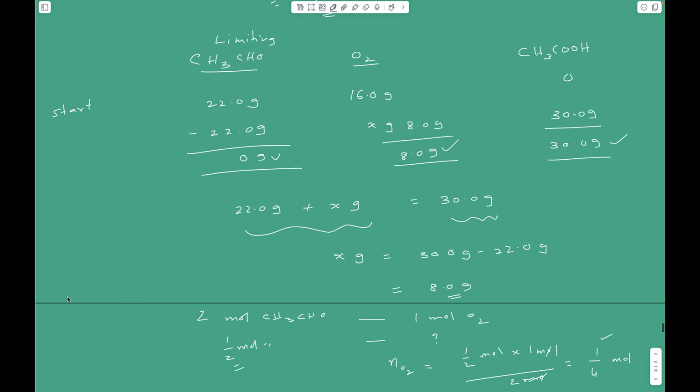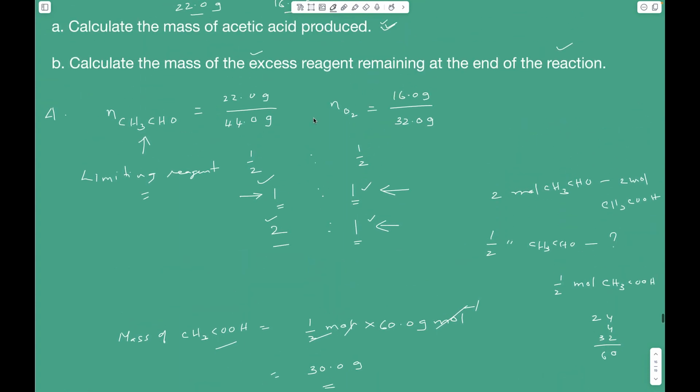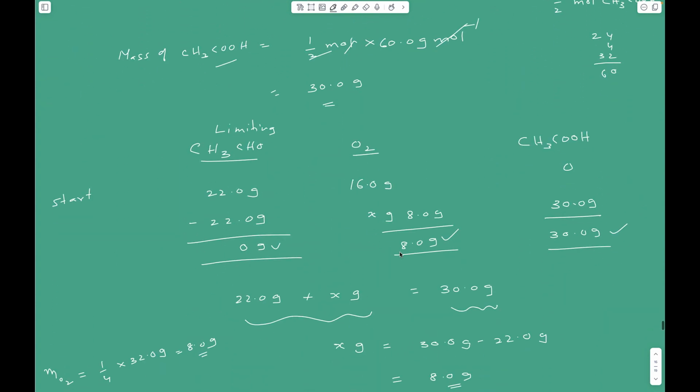You have to multiply the number of moles of oxygen with its molecular weight expressed in grams, that is 32.0 grams. So that would be 8 grams. So 8 grams of oxygen is required to react with 22 grams of acetaldehyde. But we took 16 grams of oxygen, and if 8 grams has reacted, then what will be the mass of the leftover oxygen? 8 grams.